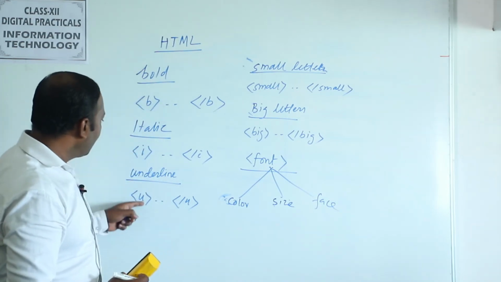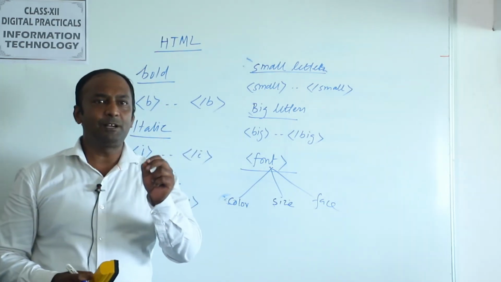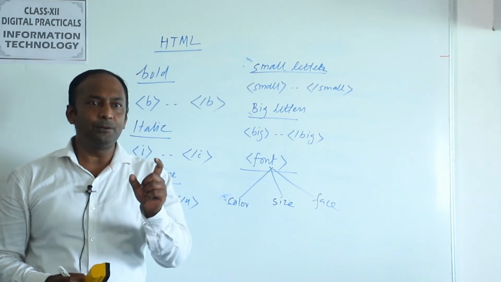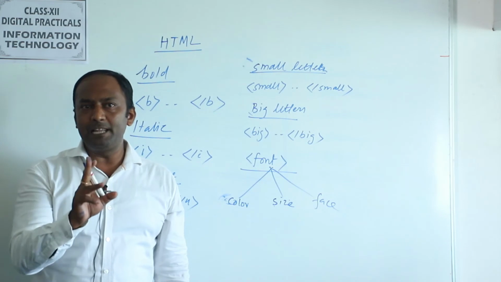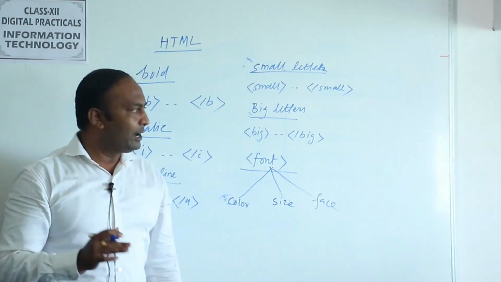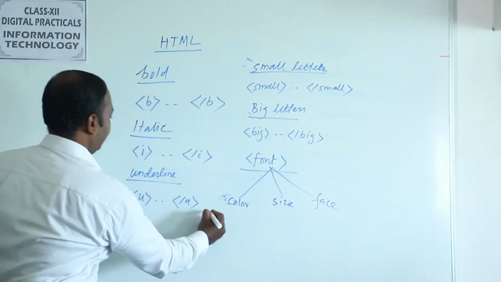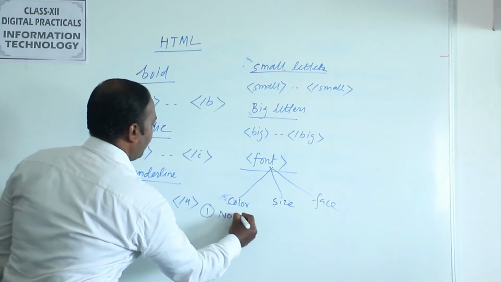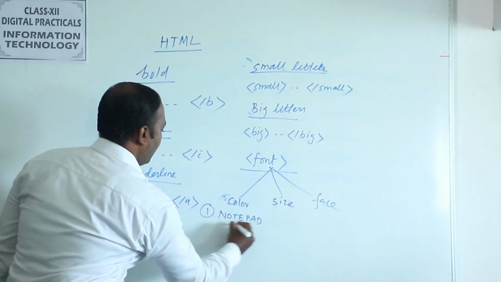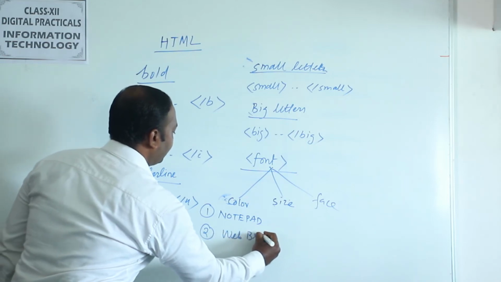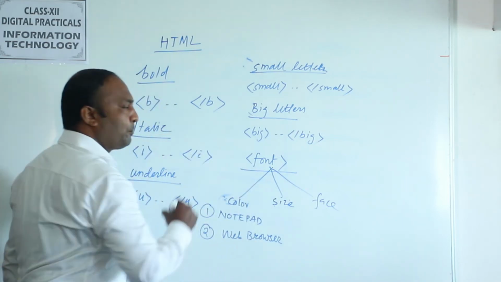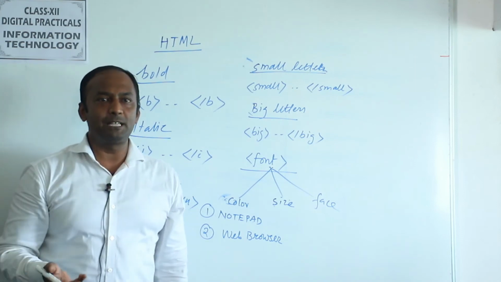We have to write down all those commands inside the practical. There are two requirements. One is notepad and the second one is web browser. So notepad is mainly used to write down the HTML commands.